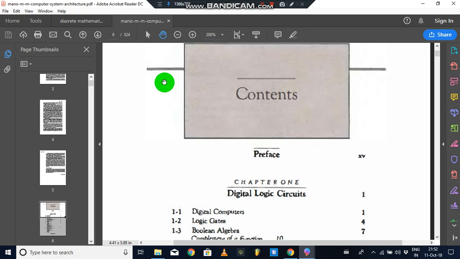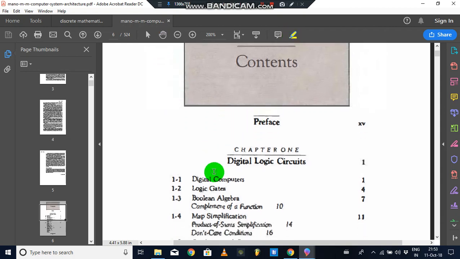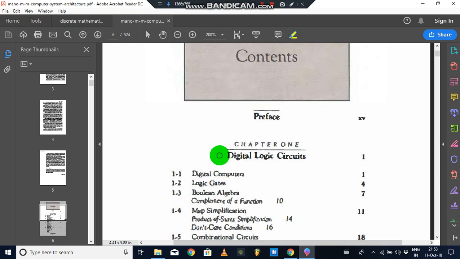So this is the first introduction and content, and what is the syllabus of digital logic circuits. So let's see, digital logic circuit chapter 1.